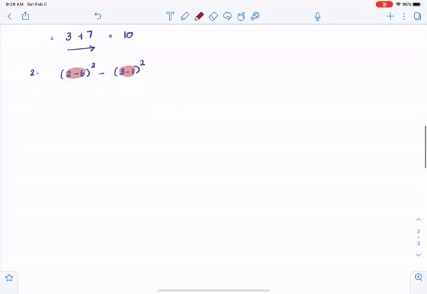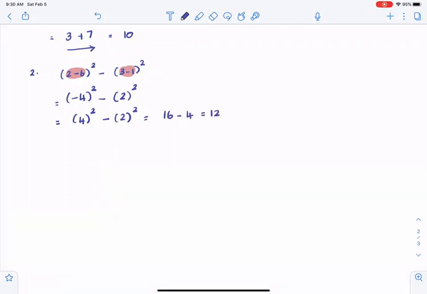So we have 2 minus 6, which is -4 squared, 3 minus 1, 2 squared. From earlier, when we have a square, and if I have the square of a negative number, the answer is always positive. So 4 squared minus 2 squared, 16 minus 4, we get 12.